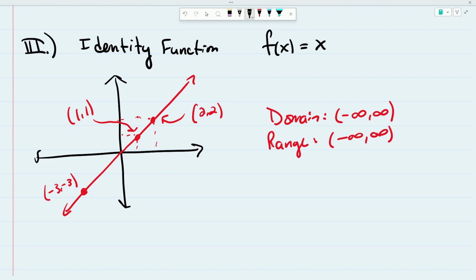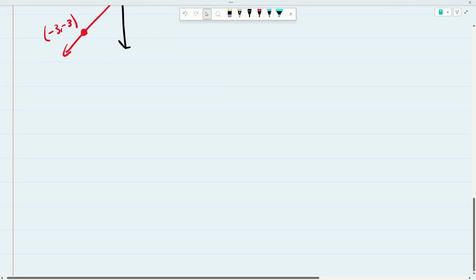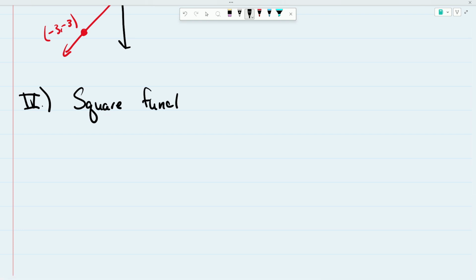Okay? So the next one is going to be the square function. This has the form f of x equals x to the second. And we call this shape a parabola.